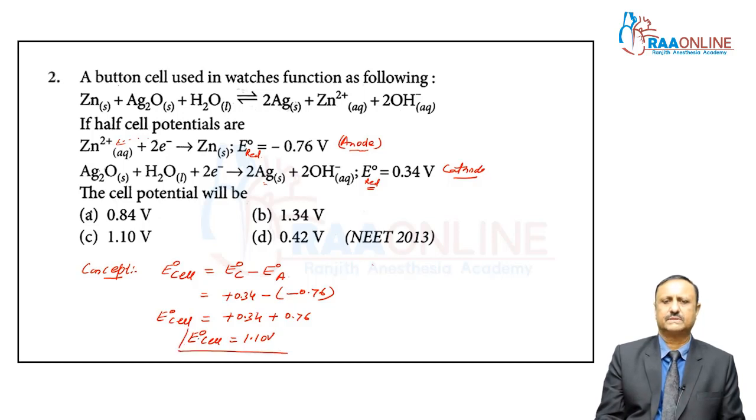So, here my dear friends, you can see the answer is C. For question number 2, answer C, 1.10 volt. Question number 2 was in NEET 2013, and the answer is E naught cell 1.10 volt.